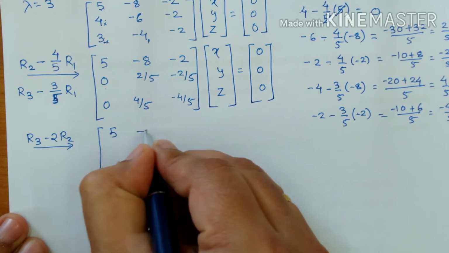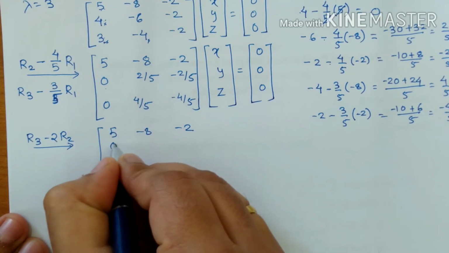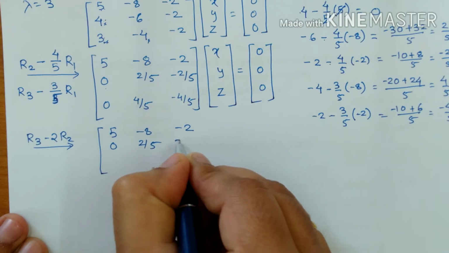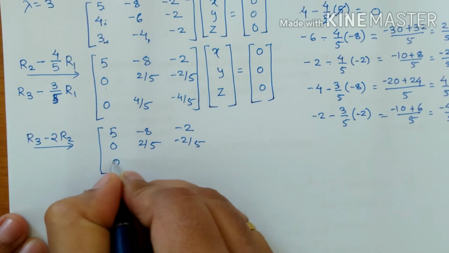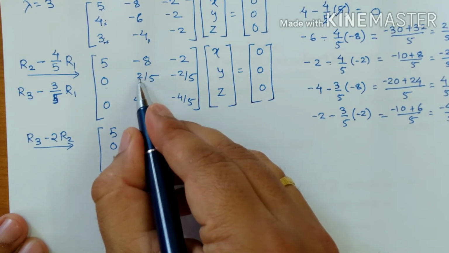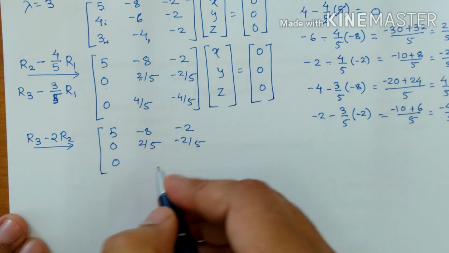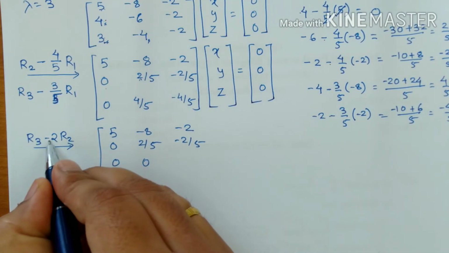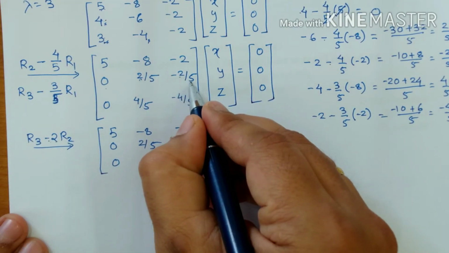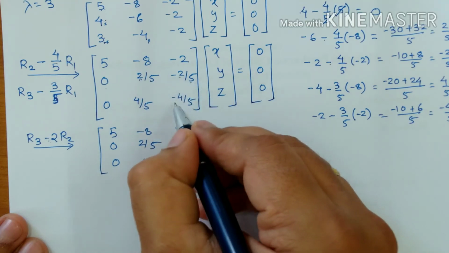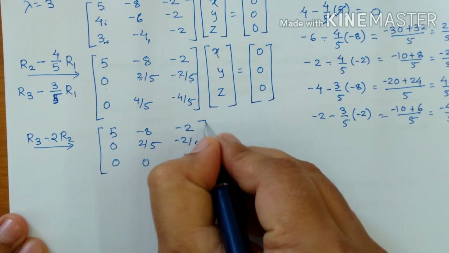First row as it is, there is no change. Second row also as it is, there is no change. And the third row, 2 twos are 4, but this is minus 2 and plus 2 becomes minus 4 by 5, and this 4 by 5 becomes a 0. Now minus 2 into minus 2 by 5 gives plus 4 by 5, and this is minus 4 by 5, which gives me a 0.